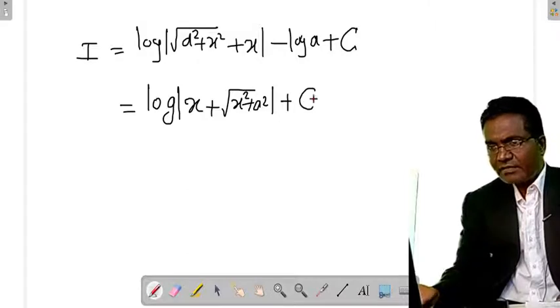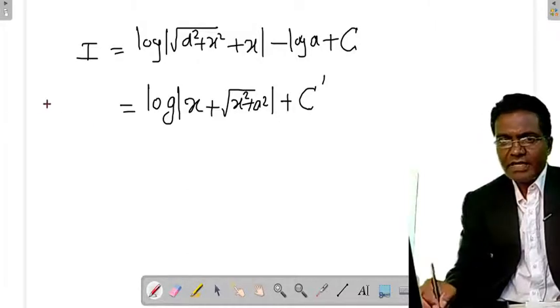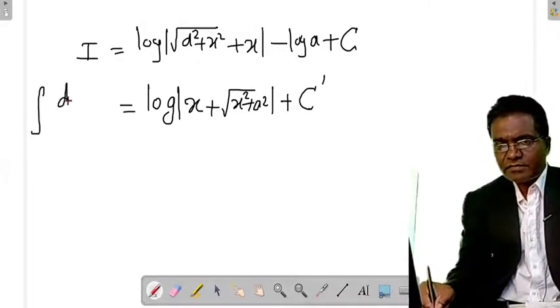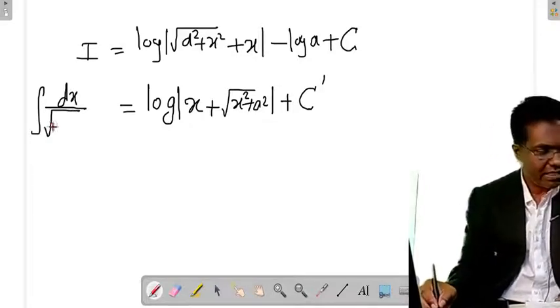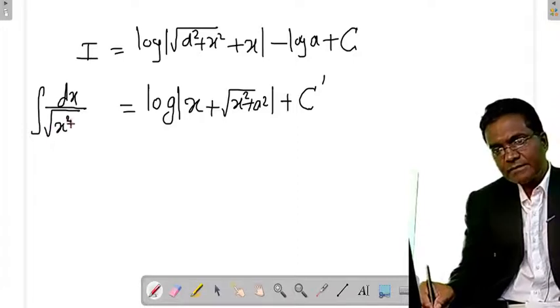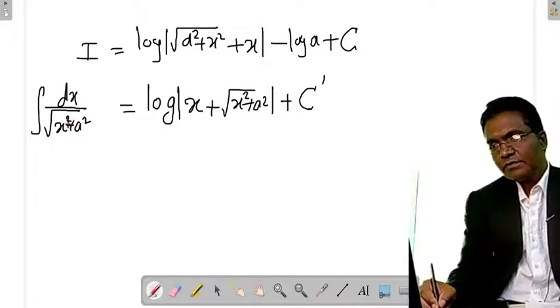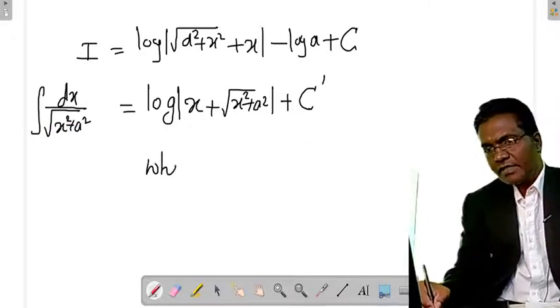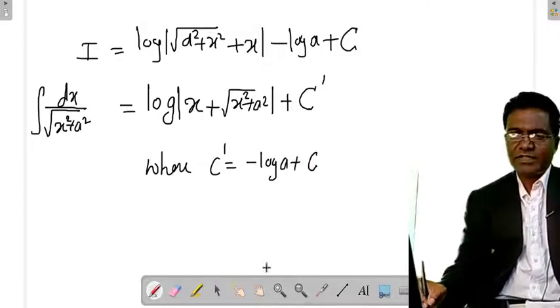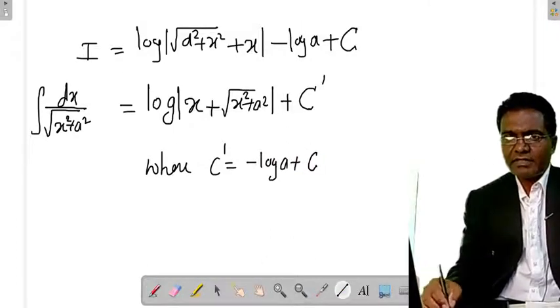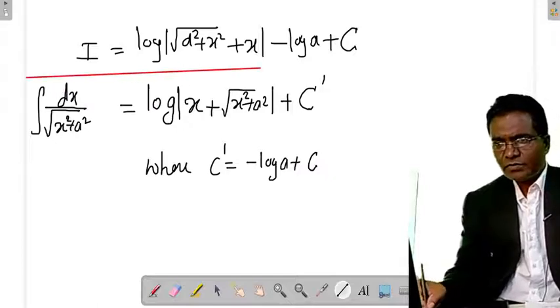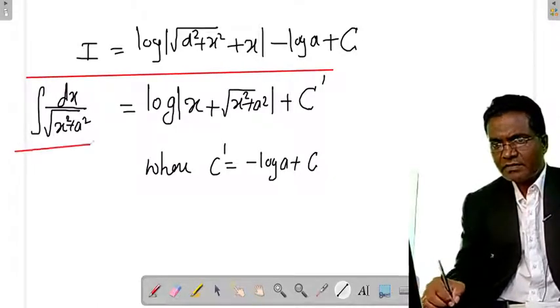I can write it as some other constant c dash, and this is your integration of dx by square root of x square plus a square, where c dash stands for minus log a plus c.